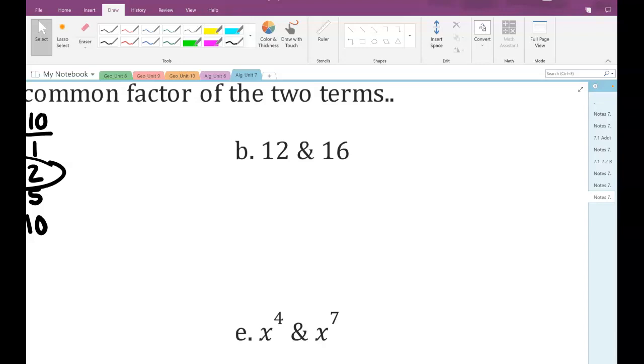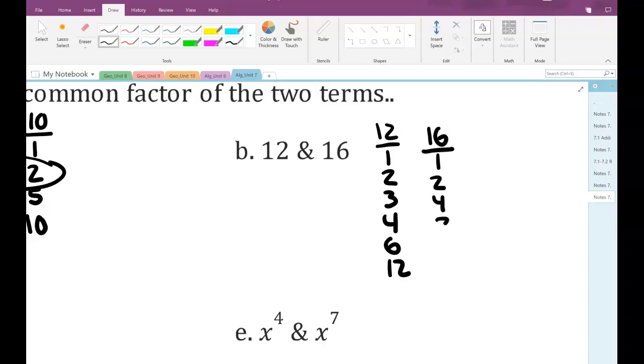12 and 16. You think the factors of 12 are 1, 2, 3, 4, 6, and 12. And then the factors of 16 are 1, 2, 4, 8, and 16.